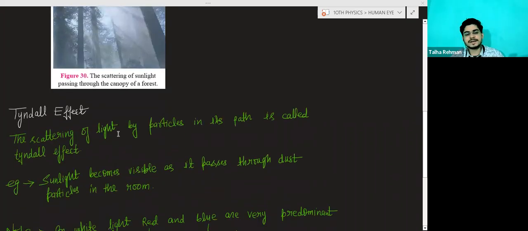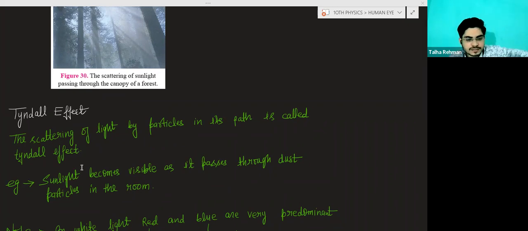The Tyndall effect is the scattering of light by particles in its path. Sunlight becomes visible as it passes through the dust particles in the room. So in the room there will be dust particles, and there the scattering of light is due to the dust particles, so the path or motion of the dust particles becomes visible.